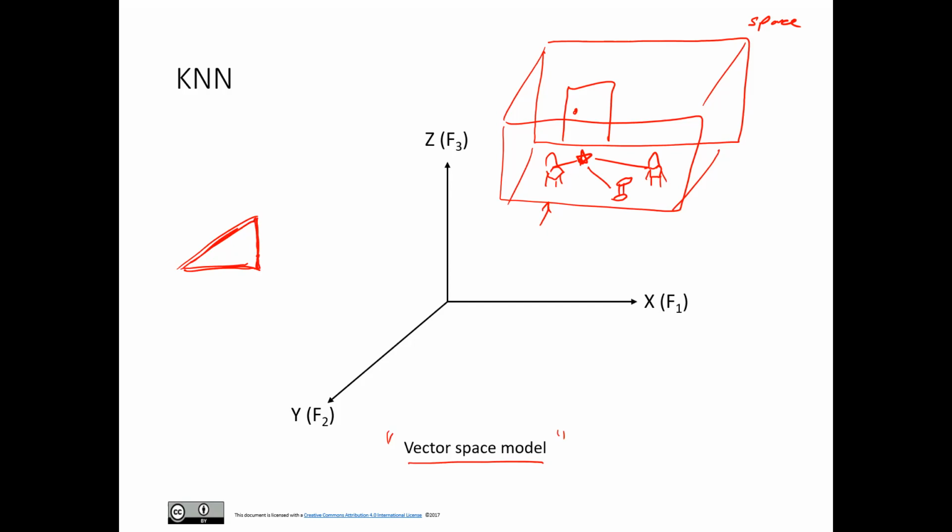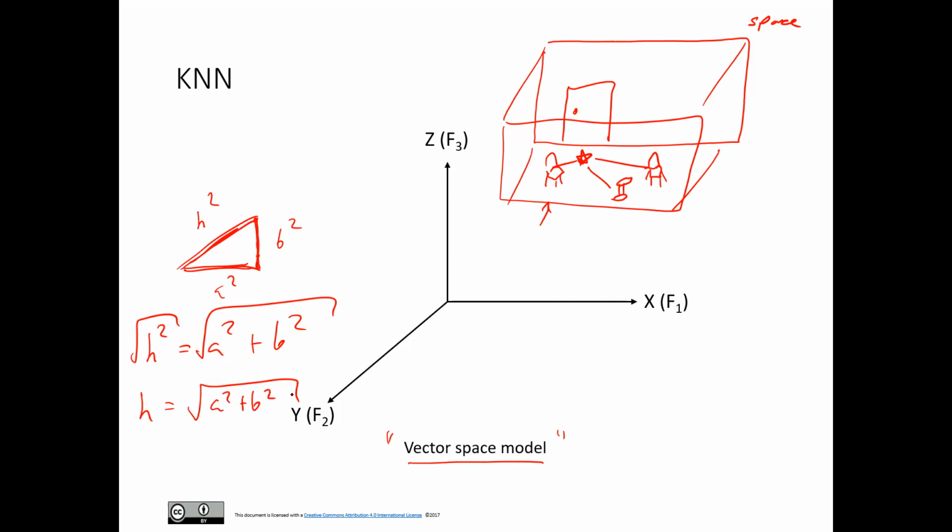We have a squared plus b squared, and this becomes the root of a squared plus b squared.